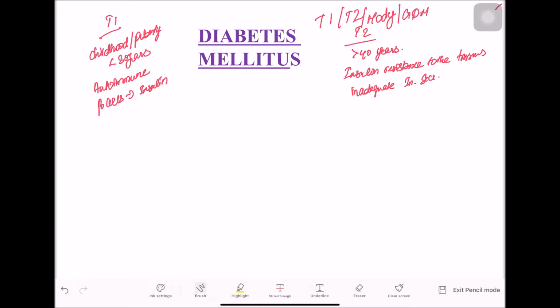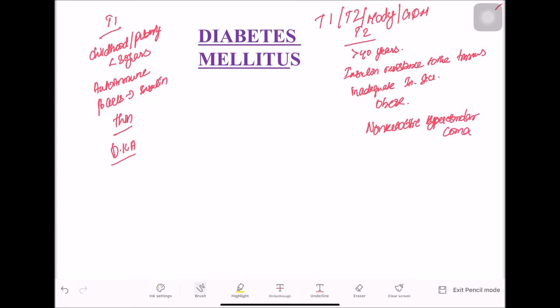Also, the body type of a type 1 diabetes mellitus patient will be thin. In type 2 diabetes mellitus, it is obese type. In type 1 diabetes mellitus, the acute complication will be DKA, that is diabetic ketoacidosis. In type 2, it is non-ketotic hyperosmolar coma.